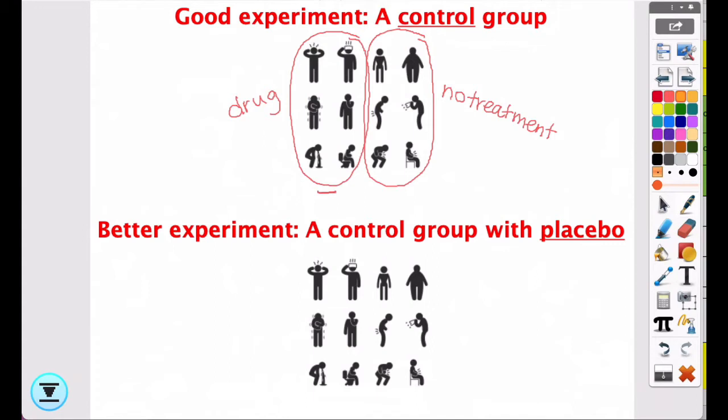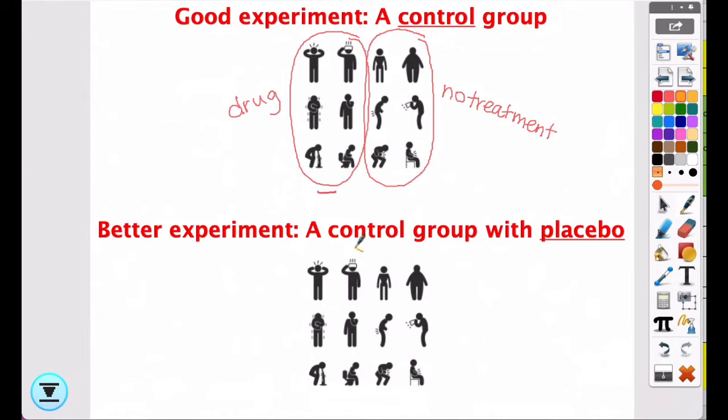There's always the chance that the people who are actually taking a pill will claim they feel better just because they know that they're getting some sort of treatment. So a way to prevent that is to use a placebo. It's called the placebo effect, when you take a pill and you just kind of feel better because you feel like you're being treated.